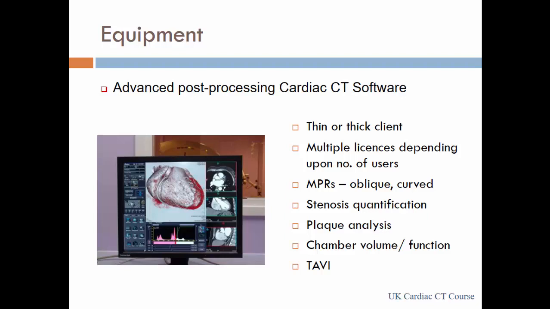They should ideally have some tools to quantify the degree of stenosis, do plaque analysis, and quantify chamber size, volumes, etc., and function if you've got retrospective data. And there are now specialist softwares for TAVI assessment as well, so they can measure the size of the aortic annulus, aortic root, etc., automatically. So that's the high-end part of the cardiac CT software.